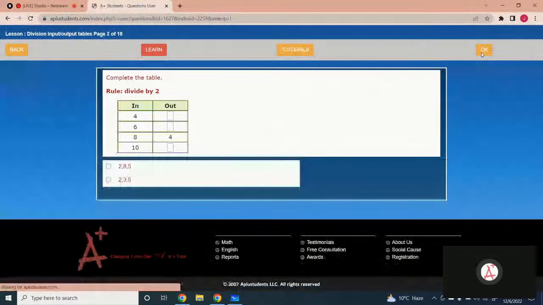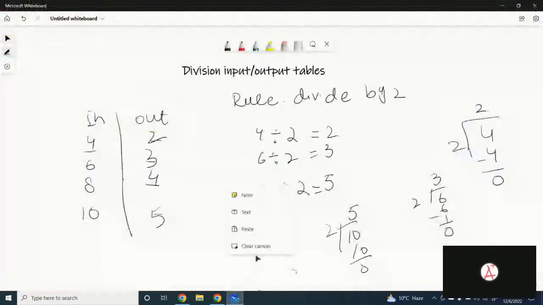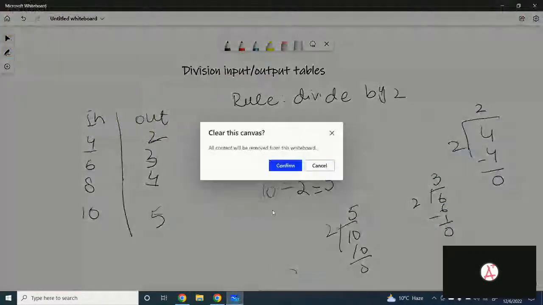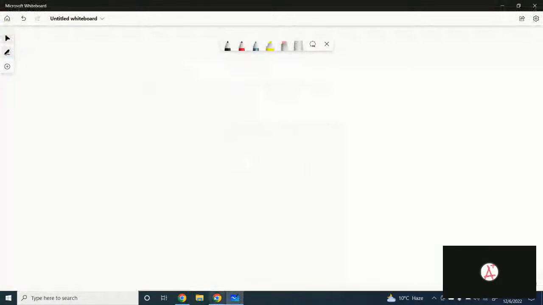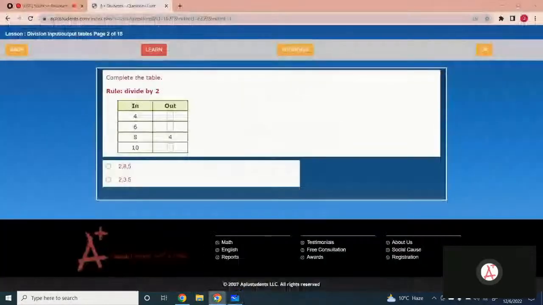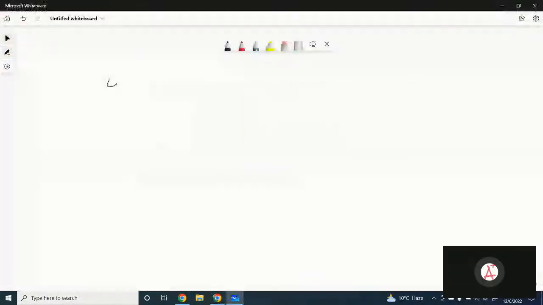Okay, the next one is 4, 6, 8, and 10, and you have to divide by 2. That is exactly the same we just did, isn't it? The rule is divide by 2.